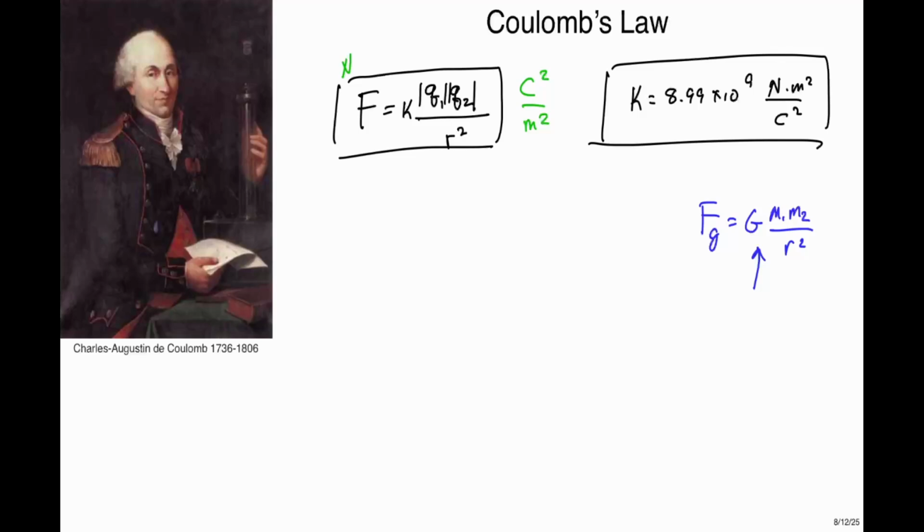I think it was like 6.67 times 10 to the minus 11, right? It's a number so small it might as well be 0, but it's not, annoyingly. And so big G is a small number, and K, the electric force constant, is a huge number.